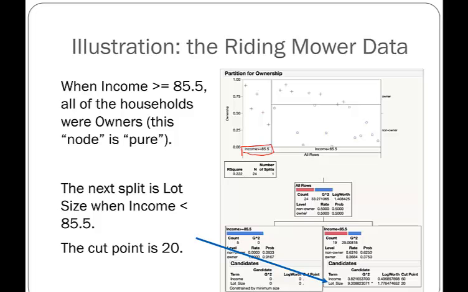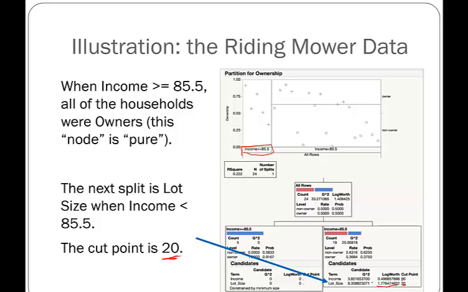So that takes us to the next split, and the next split that's recommended is that we use a cut point on lot size of 20, and you can see that corresponds here. We've got the G squared, we've got the log worth, and here's the cut point. But notice that income is also showing up here, so we could split on income at 85.5 in the first split, and then split again on income if we like.